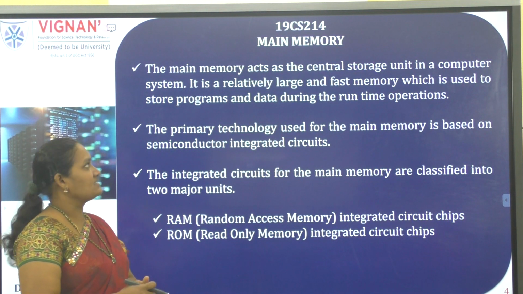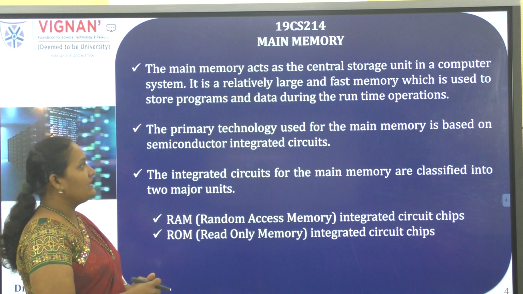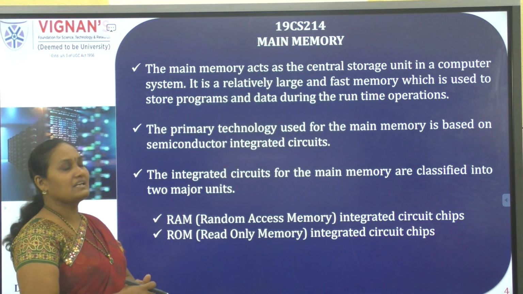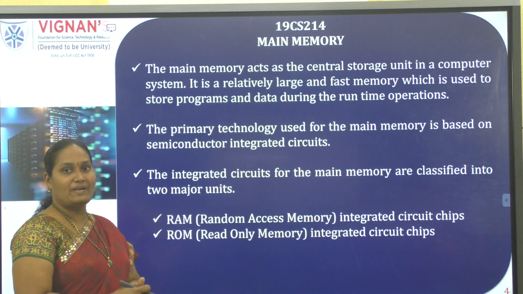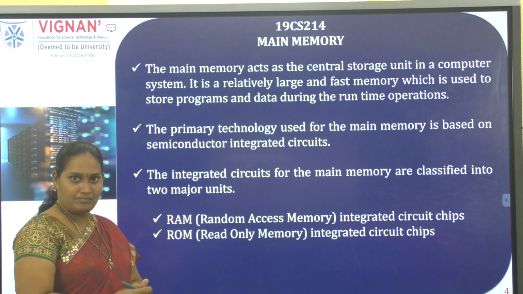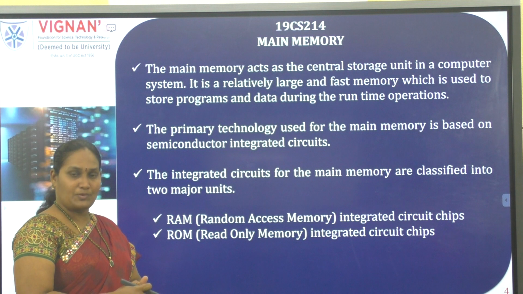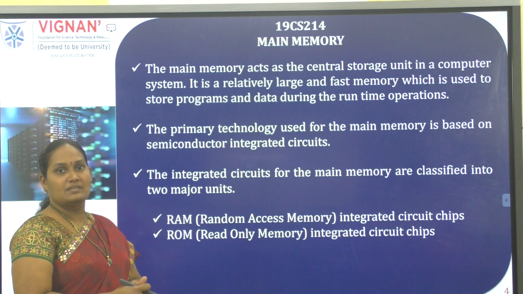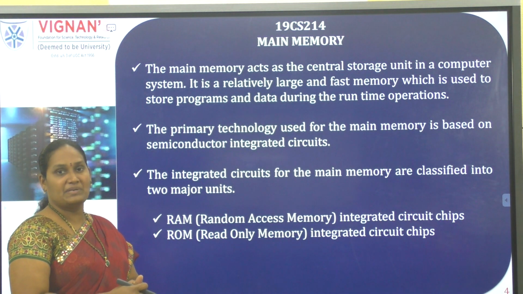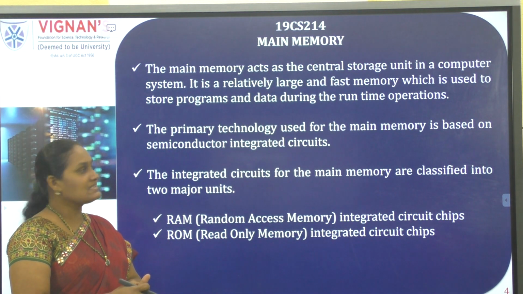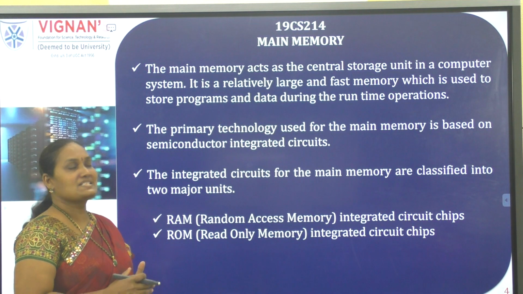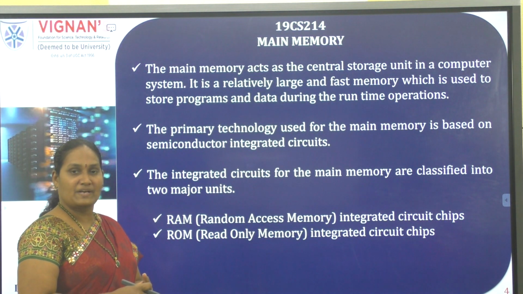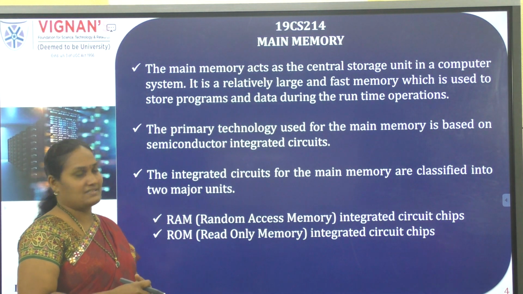It is a relatively large and fast memory which is used to store programs and data during runtime operations. While the CPU is running, it has to access the programs and data, and the accessing can be done from main memory only. So it is a large and fast memory which provides access to programs and data for the processor.